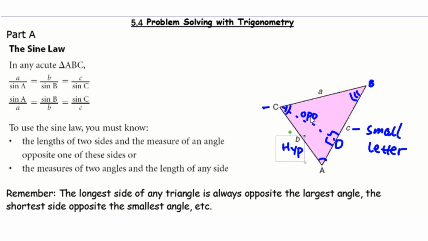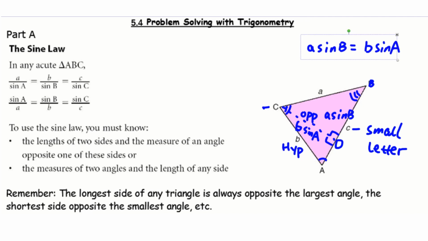Use opposite over hypotenuse equals sine angle A. You will find the opposite is b times sine A. And in the triangle BCD, the altitude is a times sine B. Then, since this is the same height, you will have a sine B equals b times sine A.